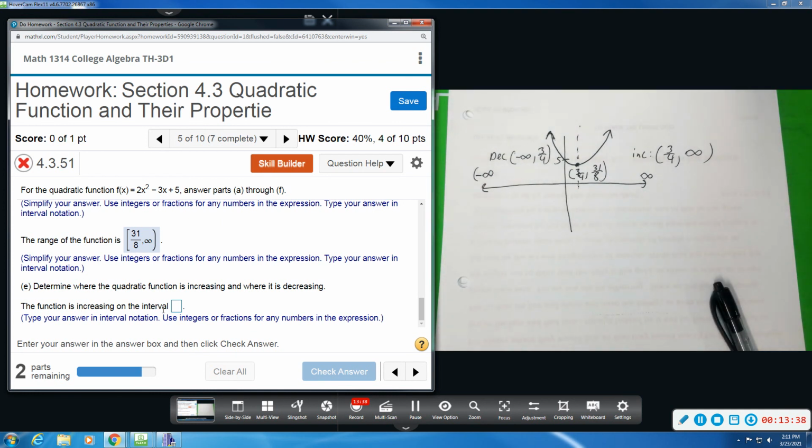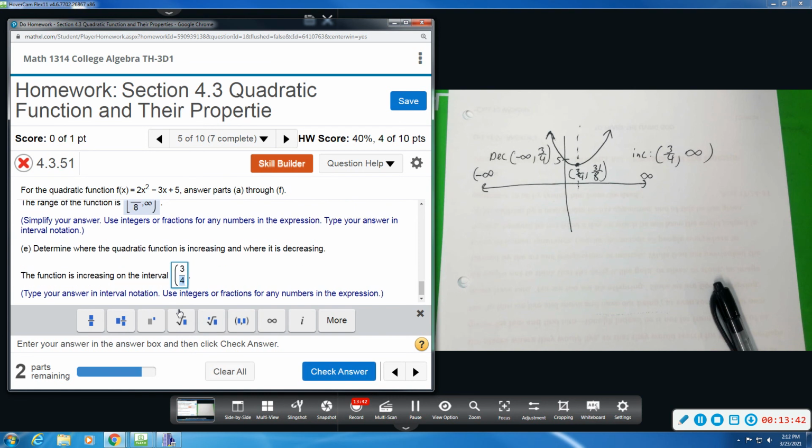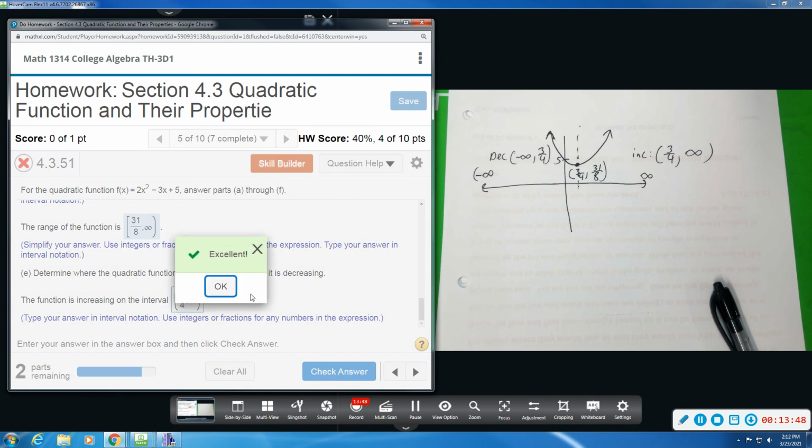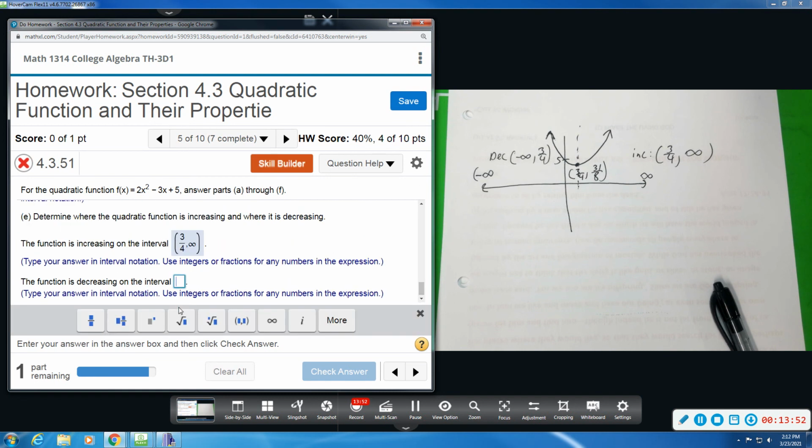So the first is increasing. That is 3/4 to infinity. And then decreasing, that was negative infinity on the left side until we got to 3/4.